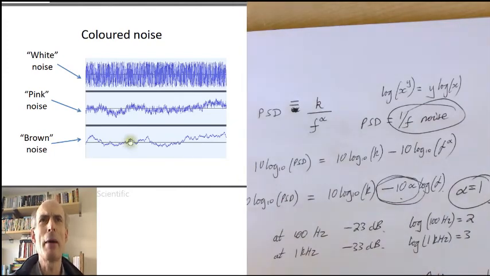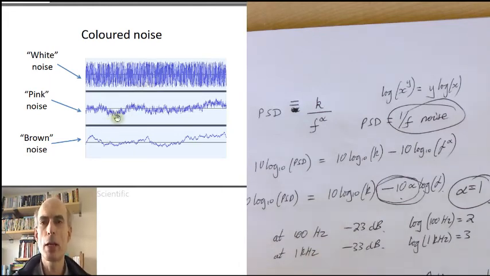Another way to think about noise and noise colours is in terms of the correlation between two adjacent noise samples. White noise has no correlation at all between adjacent samples. Knowing the previous values of the noise tells you nothing about what the next sample of the noise is going to be. It could be anything.